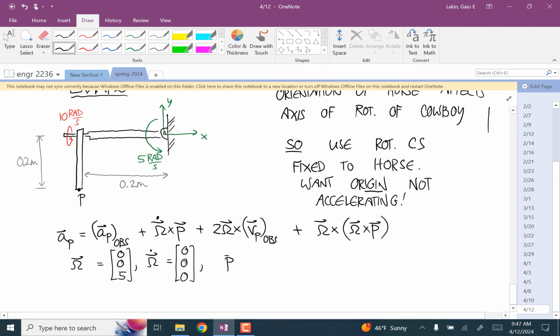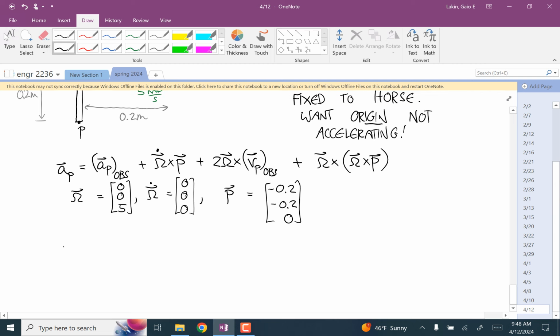The position of P, the origin is all the way over at the right, so this position is going to be negative 0.2, negative 0.2. You with me so far?